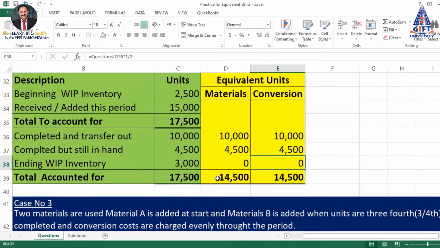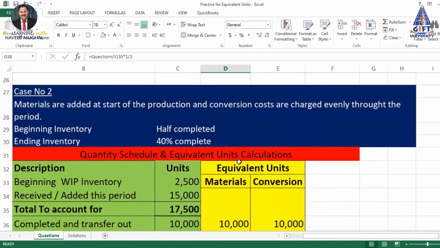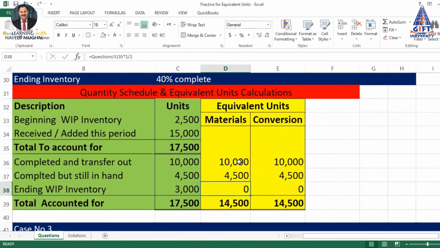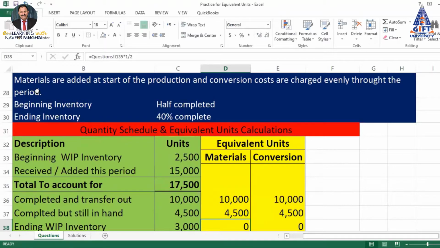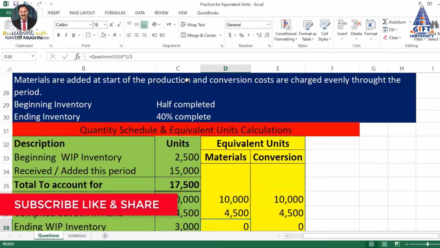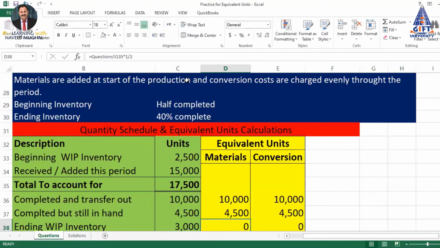Now the third one is the ending work in process inventory. The information given to us is that materials are added at the start of the production. This gives us the information about the stage of completion of the unit with respect to materials.